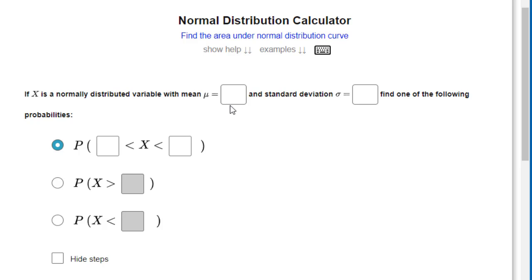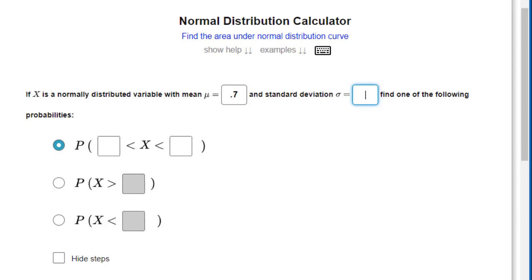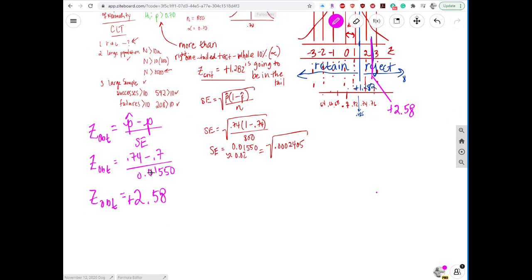So here we're going to put in p, what we expect the population proportion to be, and that's going to be 0.7. And our standard deviation is going to be what our standard error was that we calculated. If you recall, that was 0.01550, and it's right here as well.